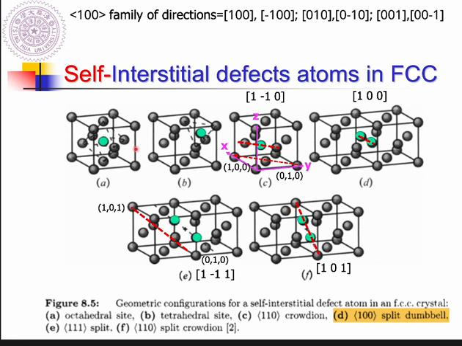So we have six different types of self-interstitial defect, and as long as you observe any of these presented in your materials, then this self-interstitial defect will probably cause the interstitial diffusion mechanism.